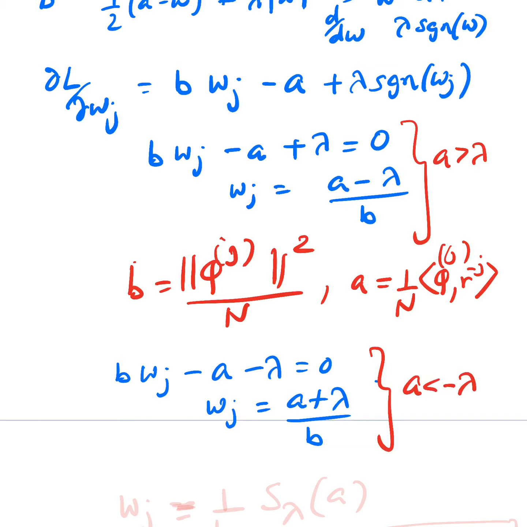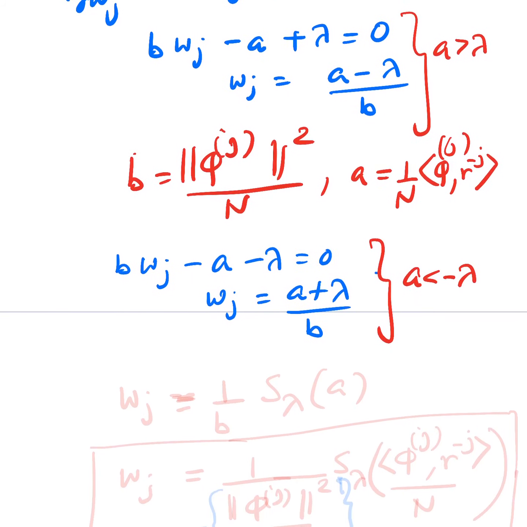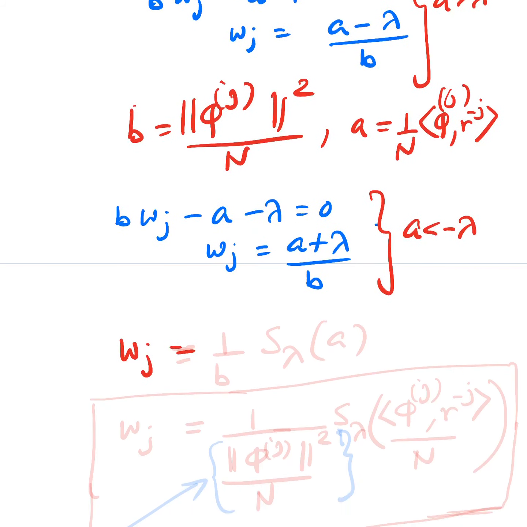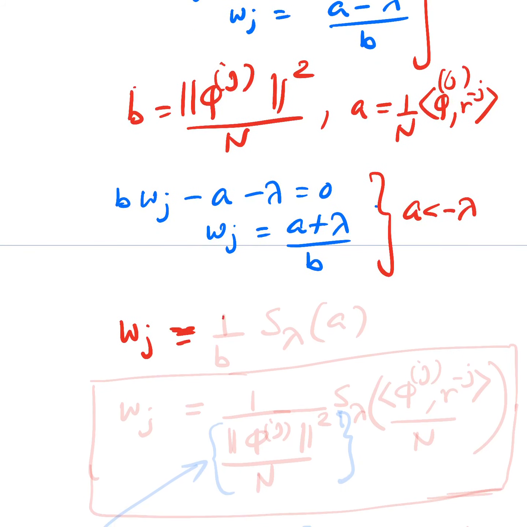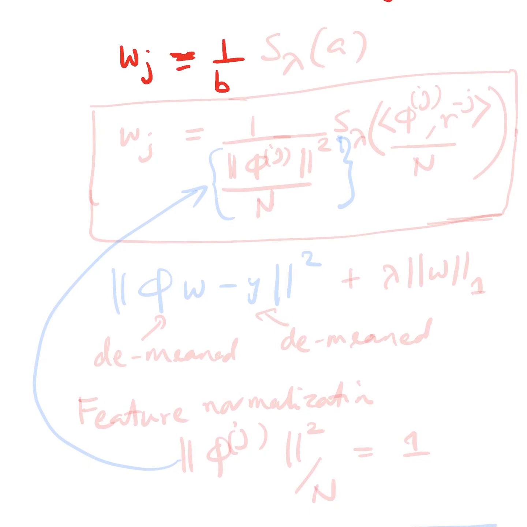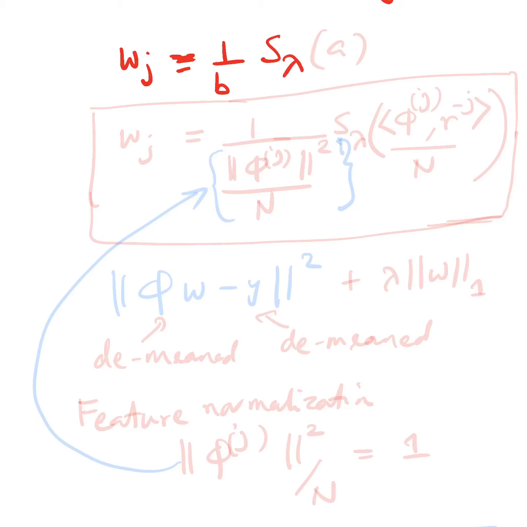And in the middle again you'll have that the derivative is increasing for w positive and decreasing for w negative, and so w equals 0 is the right solution. So the upshot of this is that I get wj is 1 over b times the shrinkage operator applied to a.